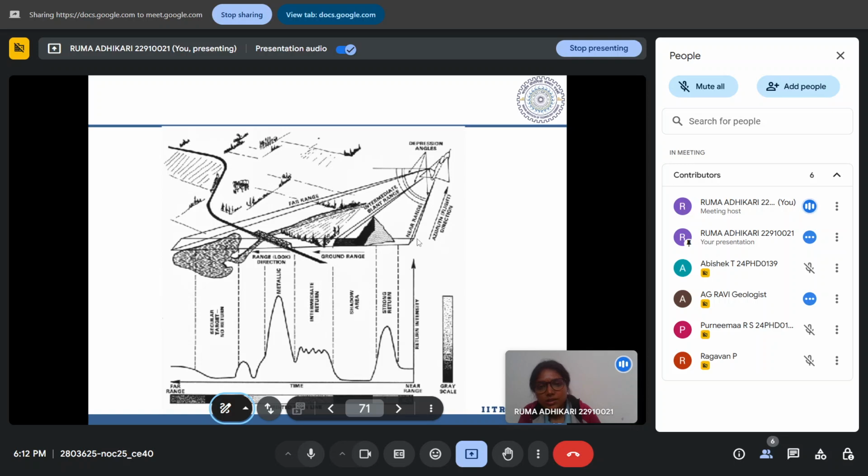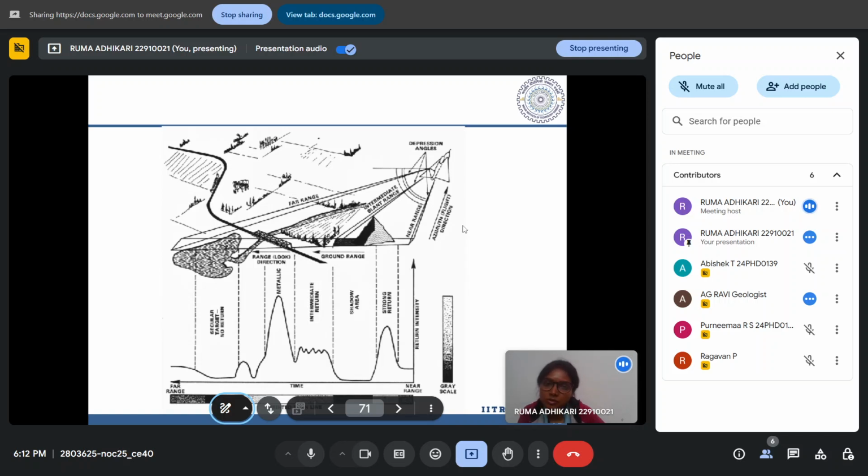So here the concept is near range, far range. Many SAR images need pre-processing. I'll show in the coming weeks in software the basic pre-processing steps.